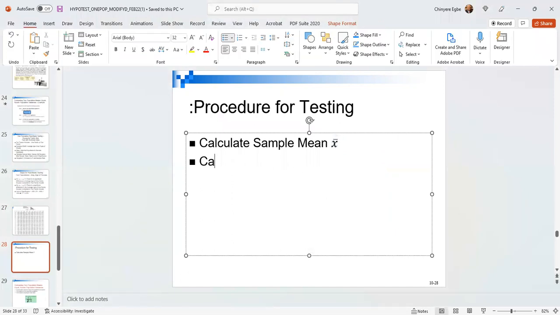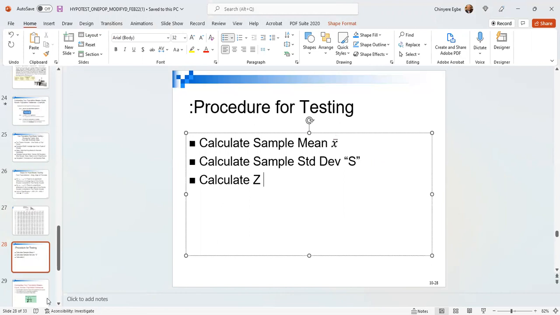And you calculate the sample standard deviation, S. And of course, then you calculate Z, okay?